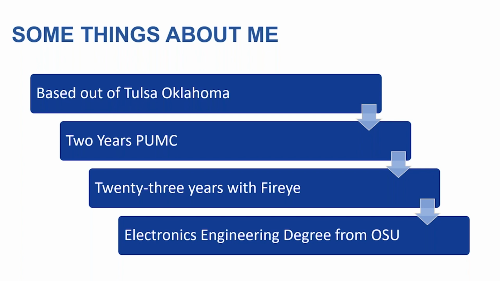Before Preferred Utilities, I actually spent 23 years with FireEye. I started as a regional sales manager over there for a few years and then moved into the national sales manager position. That's where I really gained the majority of my knowledge on flame safeguards and spent a lot of time in boiler rooms over the years.